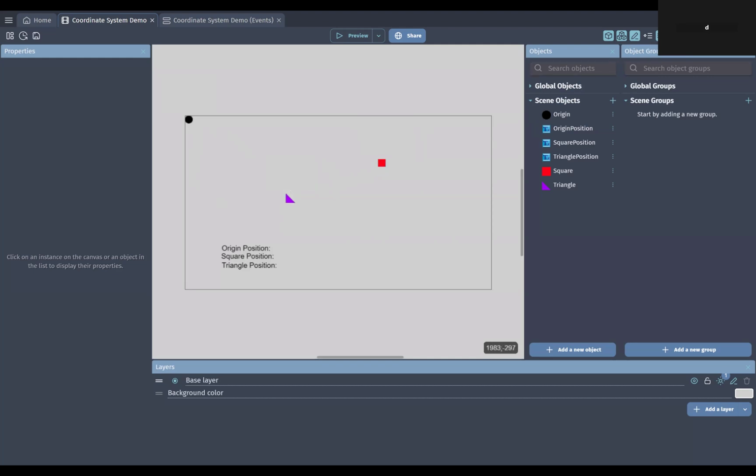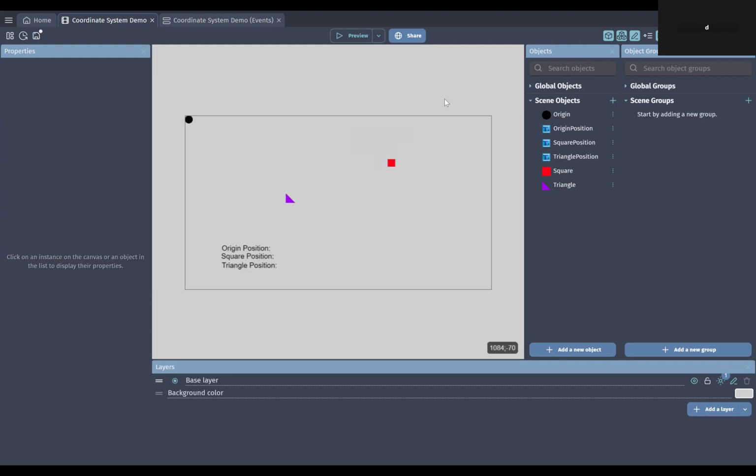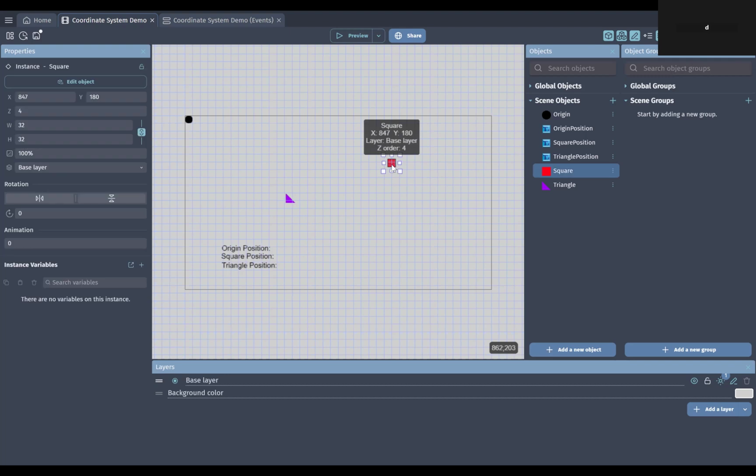This is the GDevelop level editor where you're placing objects on the screen for your levels. And you can see that in GDevelop you can also add a grid. That can also help you because it shows the positions. So if I click on an object, you'll see the X and the Y. Those are the positions, right?